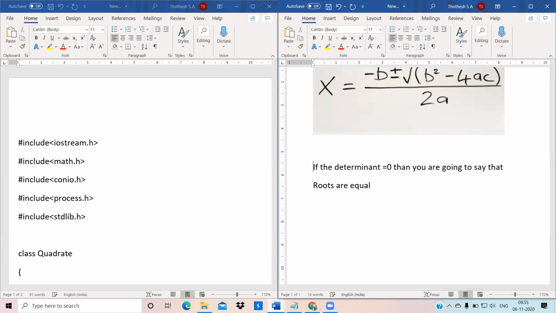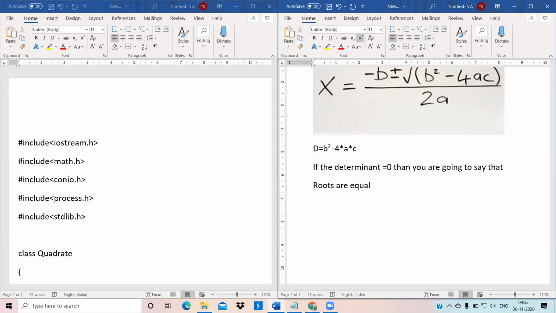So how are we going to find the determinant, whether the given determinant is equal or not? For that, we have a formula: D is equal to B square minus 4 into A into C. The formula to find a determinant is B square minus 4AC.